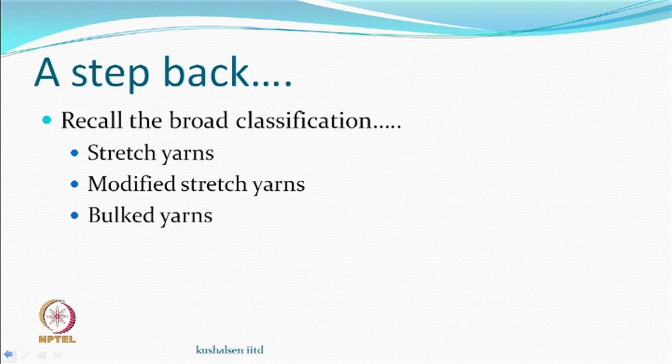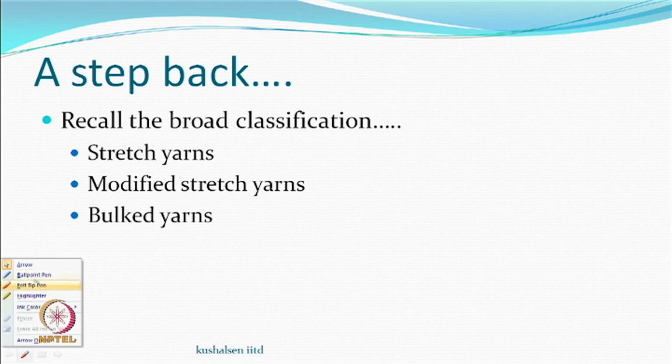So, you remember what type of material will be called a stretch yarn? The one which can stretch up to 300 to 400%, and the modified stretch yarns would be doing the same thing, but at a lesser stretch ratio.